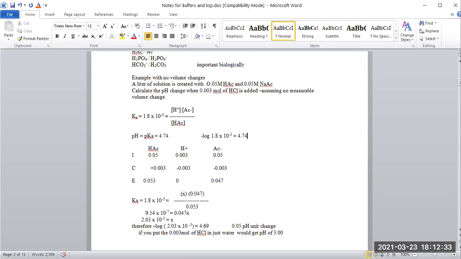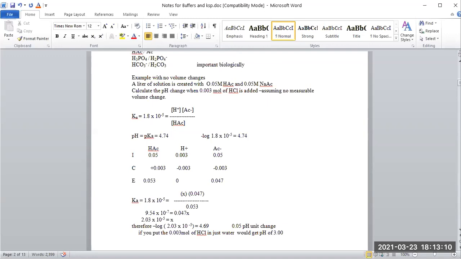Then I'm going to add that little dribble of hydrochloric acid. So this is when I start needing my ice chart. Note, the problem said a liter, so 0.05 molar times 1 liter gives you 0.05 moles of the acetic acid. I have 0.05 moles of the acetate, but I have 0.003 moles of my hydrochloric acid.